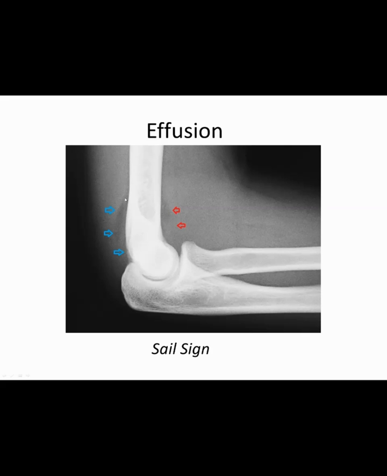And if you can convince yourself, if we trace this posterior and anterior fat pad, they are kind of bowing like a sail, and that's why we call it a sail sign. When you see this sign, think a radial head fracture in adults. Or it can be indicative of intra-articular trauma.